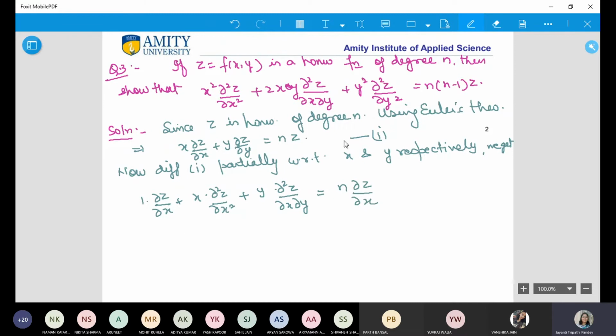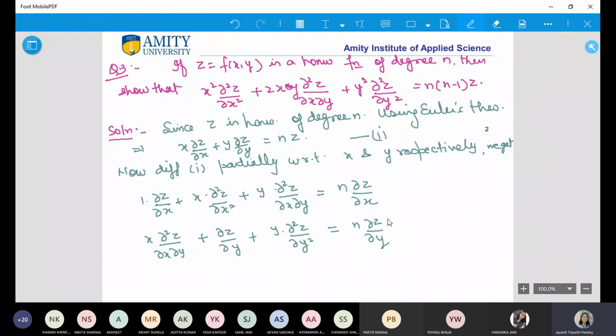And when you differentiate with respect to y, you will get x ∂²z/∂x∂y plus ∂z/∂y plus y into ∂²z/∂y². Ask if you are stuck anywhere. Is this fine?